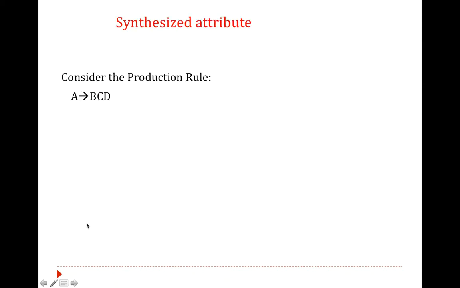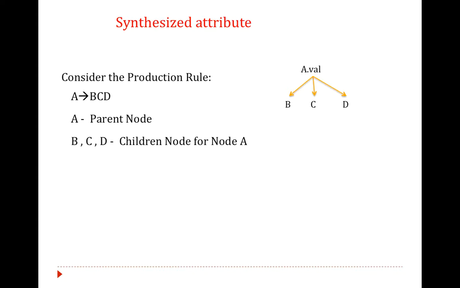Now consider A gives BCD as a production rule. This is a parse tree where A is the non-terminal and val is, suppose, the attribute. This val is called a synthesized attribute if it follows the given rule. Here A is the parent node, and B, C, D are children nodes for node A. Now A.val equal to B.val: this val is computed by using the attribute value of the children node.